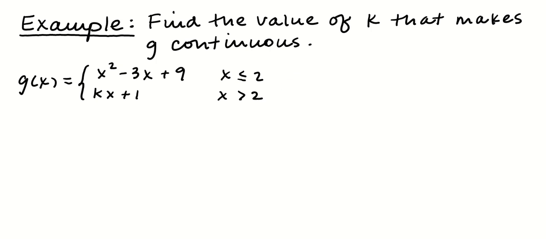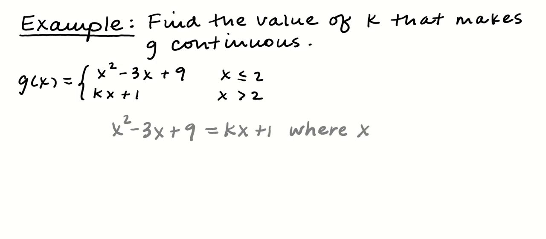How we're going to do it is we're going to take the two pieces of the piecewise defined function, set them equal to each other, and make sure they're equal at the x value that they share or would be split apart at. So x squared minus 3x plus 9 needs to equal kx plus 1 where x is equal to 2. That's going to be important.